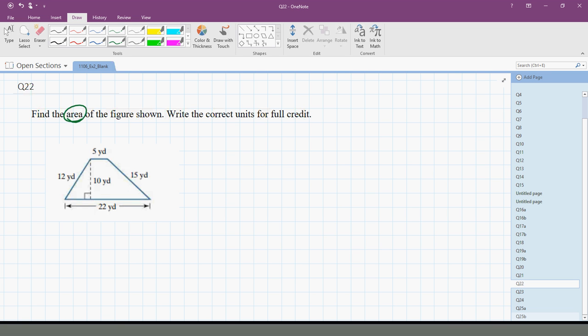What kind of shape do we have? What is that?